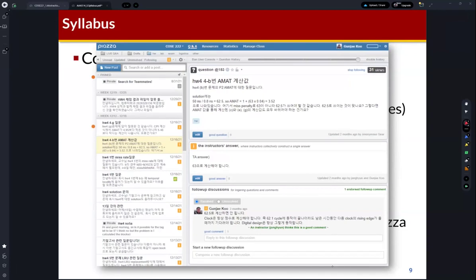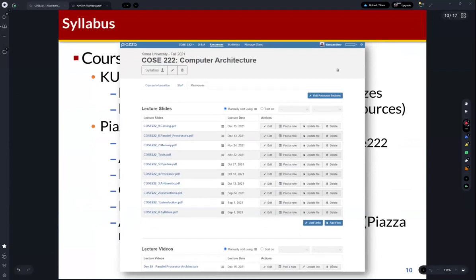This is an example of Piazza for an undergraduate course. Undergraduate students actively participated in Piazza. And you can also find the resource tab, where I put the lecture slides and hopefully lecture videos.